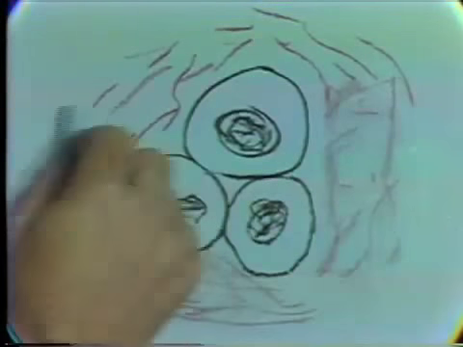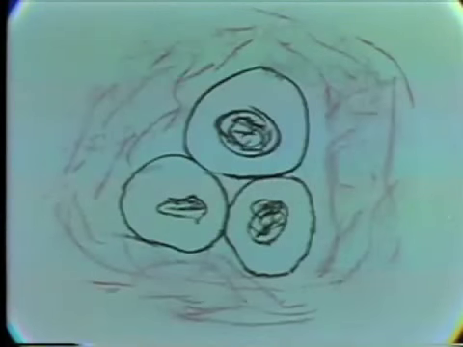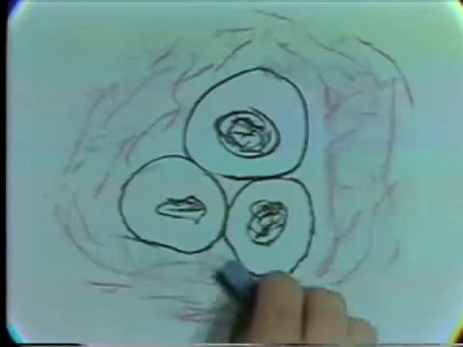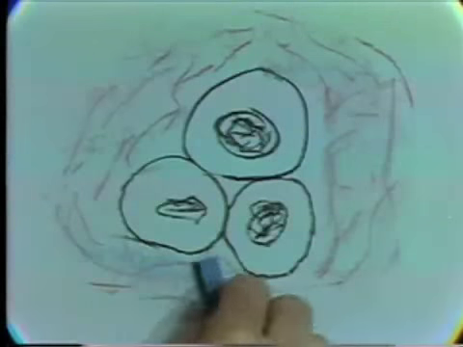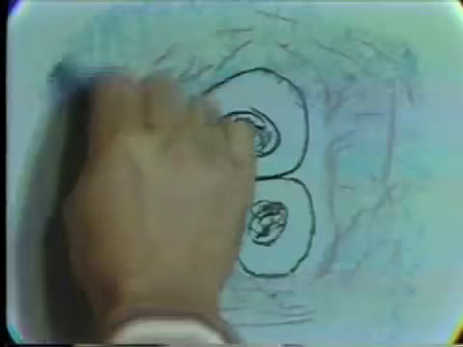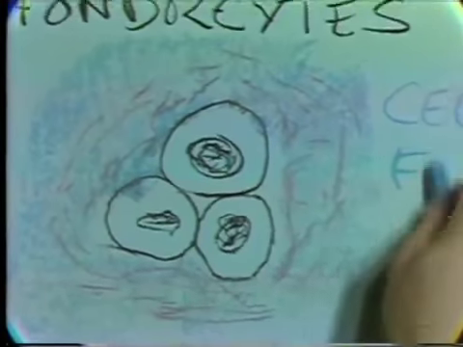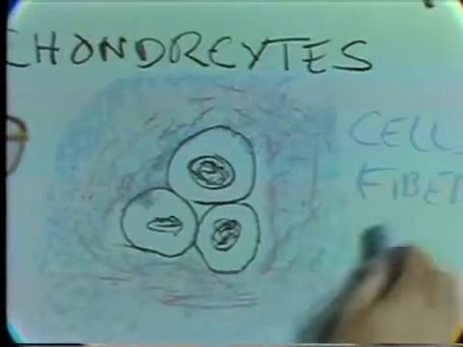Now they're there, but the refractive index of the cartilage ground substance masks that, so you can't see the fibers very well, but they're there. So now we've accounted for the cells, fibers, and the ground substance.